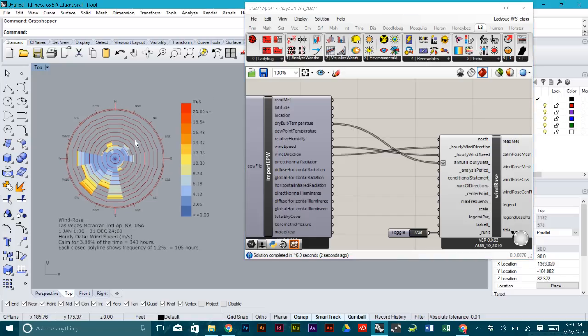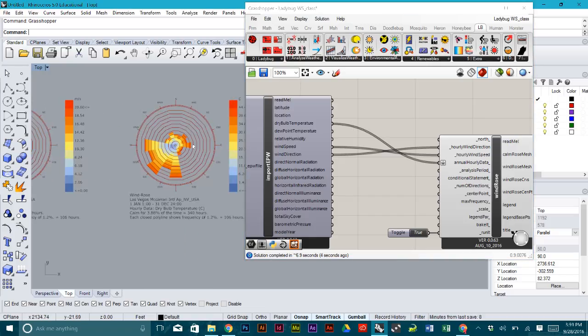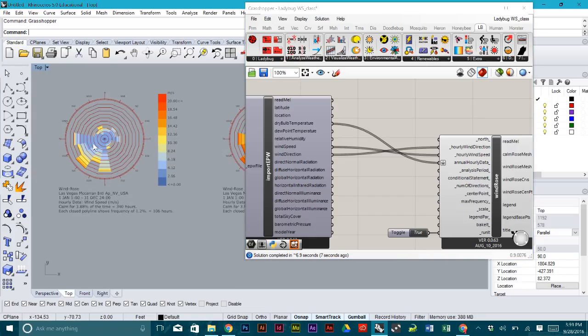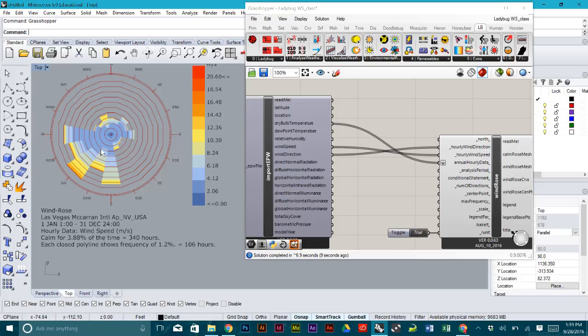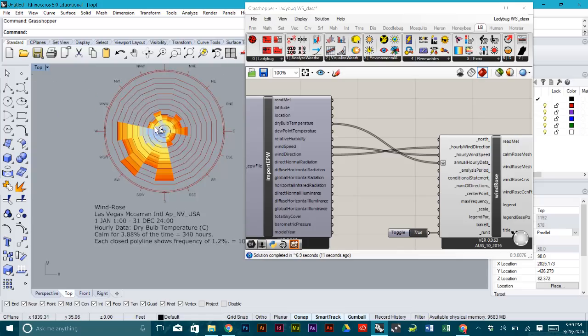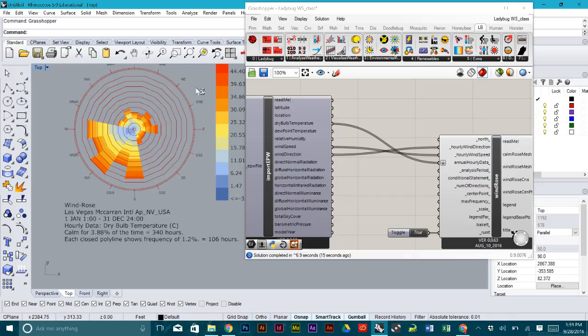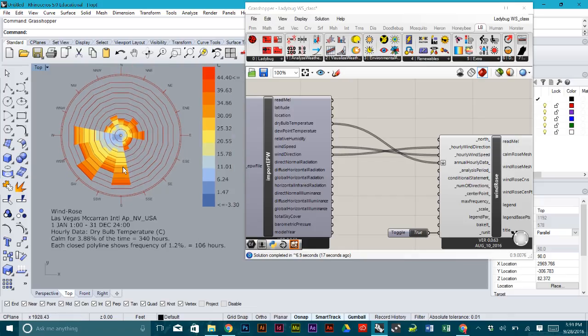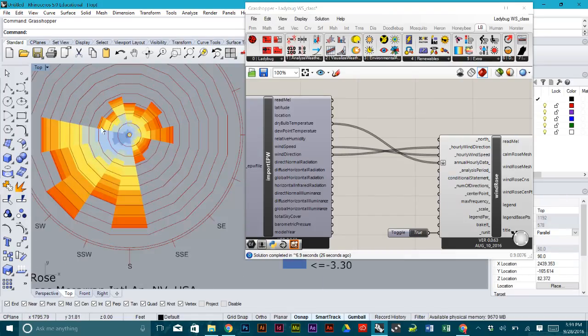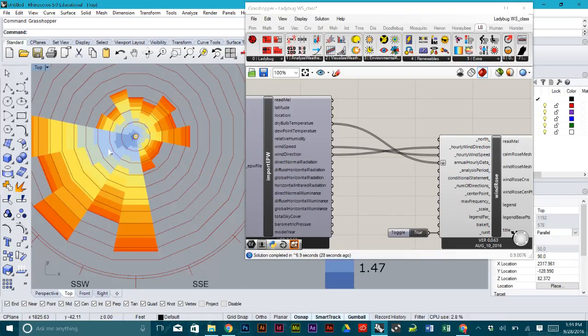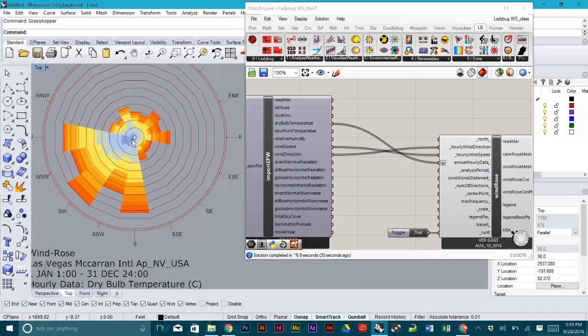And you can see nothing really changed, but if I move over to the right, we not only have just the wind speed and direction, but now we have temperature related to that. So we can see again that those hotter temperatures are coming from this direction, as well as a little less in that direction. The cooler temperatures definitely come mostly from the west and southwest.